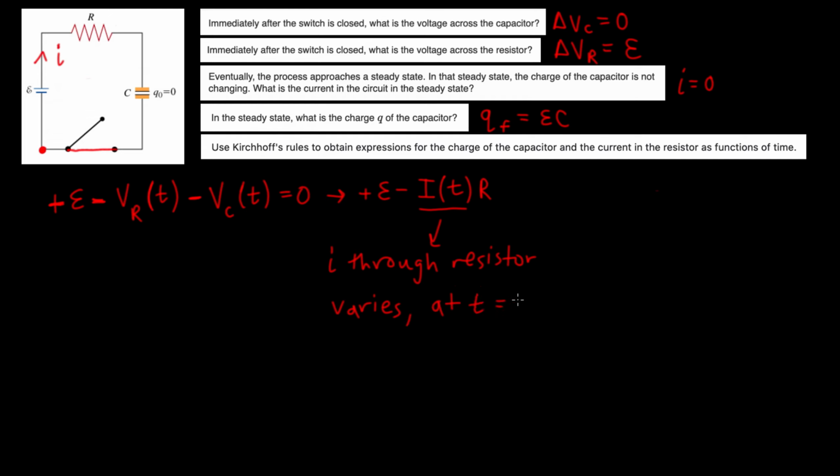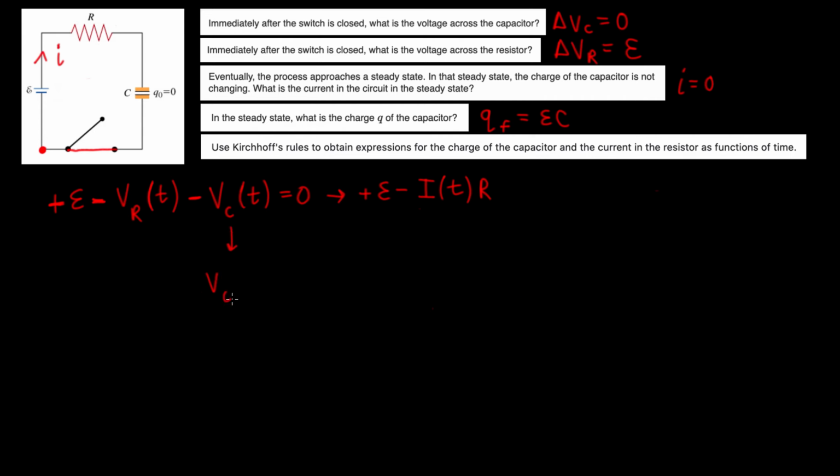At time equals 0, the current in the circuit is at its maximum. At steady state, the current is equal to 0. And so the current in the circuit is actually varying, and that's why I wrote it as a function of time.